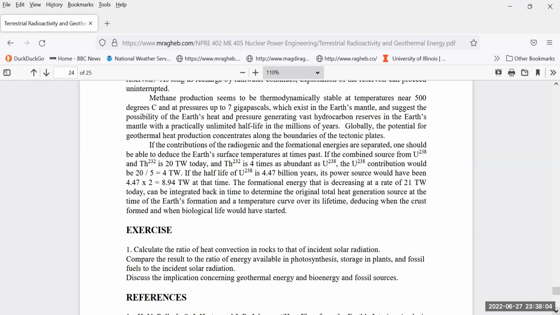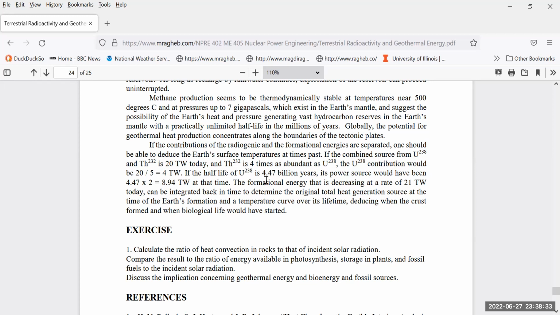If the contribution of radiogenic and the formational energies are separated, one should be able to deduce the Earth's surface temperature at times past. If you combine the sources from uranium-238 and thorium-232, that is about 20 terawatts today. Thorium is 4 times more abundant than uranium in the Earth's crust. And basically, you'll find that the half-life of uranium is 4.47 billion years.